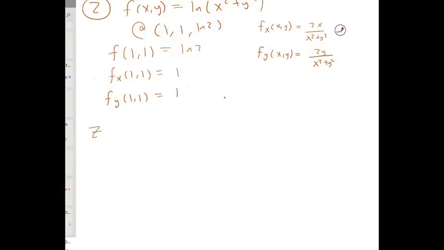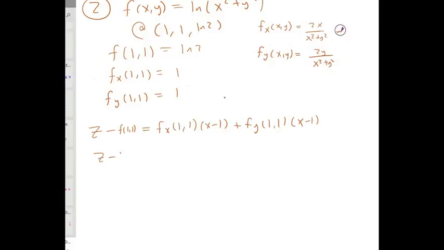So our tangent plane, z minus z0 equals fx of 1, 1, and I should write this as f of 1, 1, times x minus 1, plus fy of 1, 1 times y minus 1.